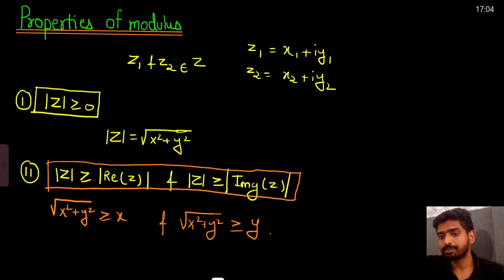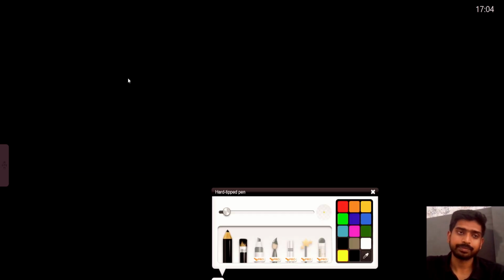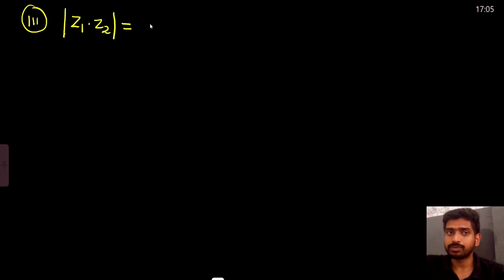Now the third property is: if two complex numbers are in multiplication, z1 multiplied by z2, and we have to calculate the mod of the resultant complex number which we will get after multiplying z1 and z2, that will be equal to the modulus of z1 multiplied by modulus of z2.